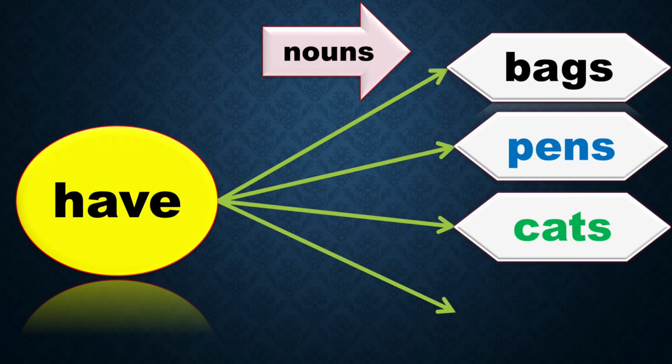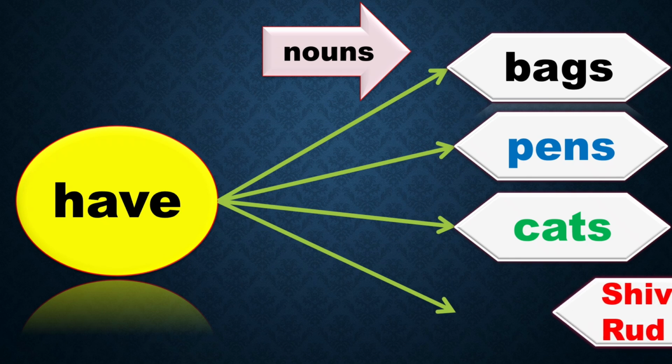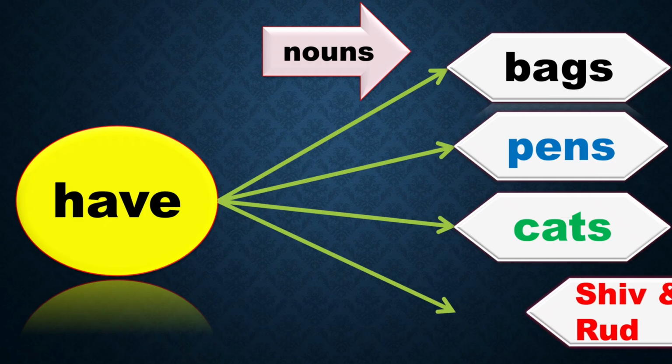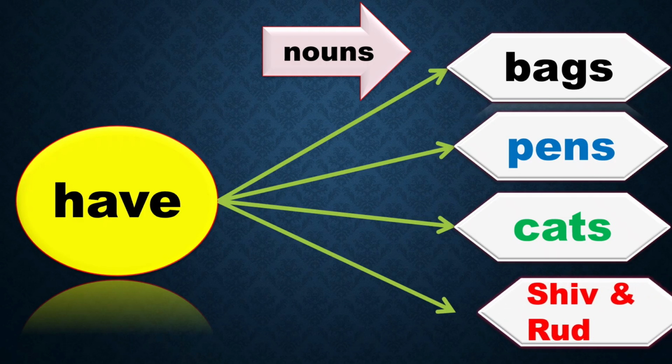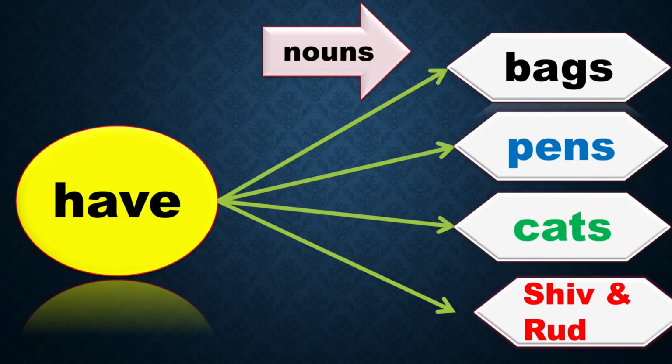These are all previous examples. Earlier we used them as singular nouns. Now here we are going to use them as plural nouns. Previously we used Shiv as a singular noun. But now, if we use Shiv and Ruth together, then we have to use have along with them.